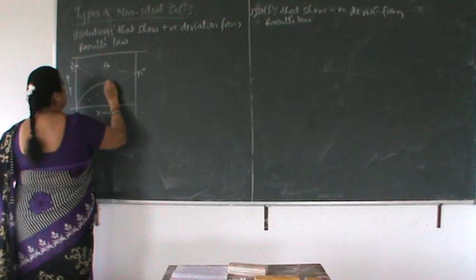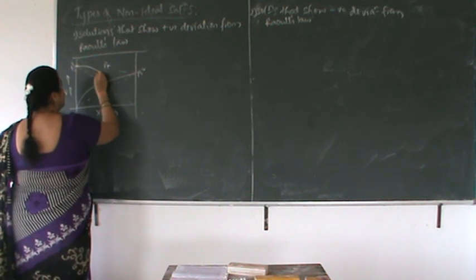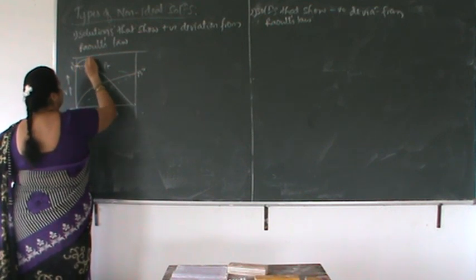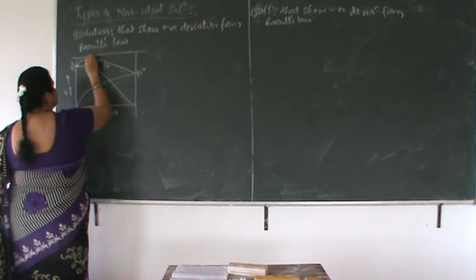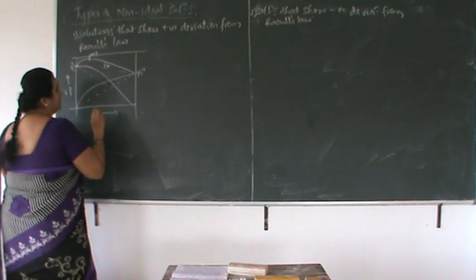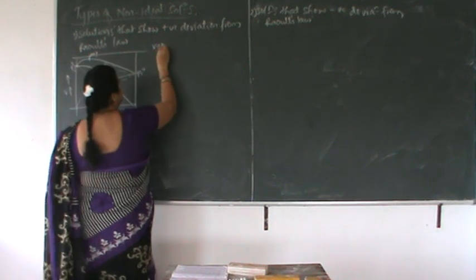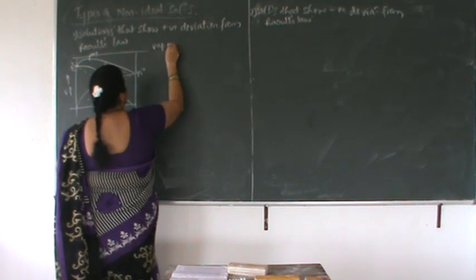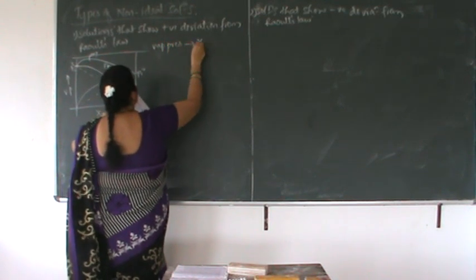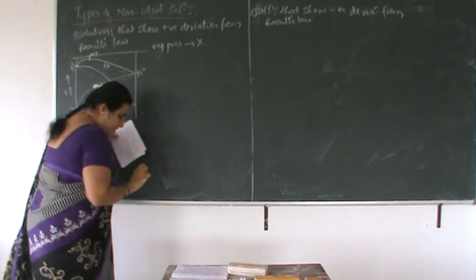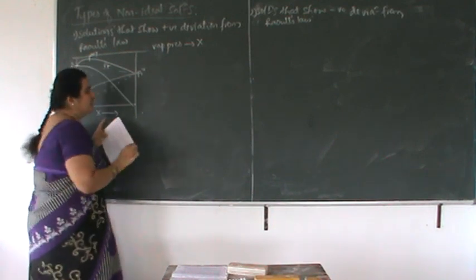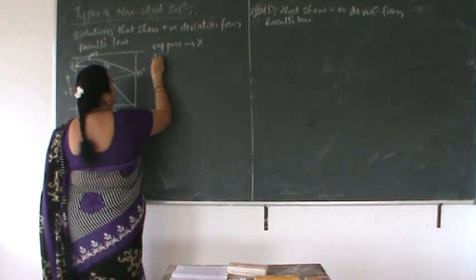Now the graph will be like this. This is the maximum. Here I have plotted a vapor pressure versus mole fraction graph for ideal and non-ideal solutions with positive deviation.